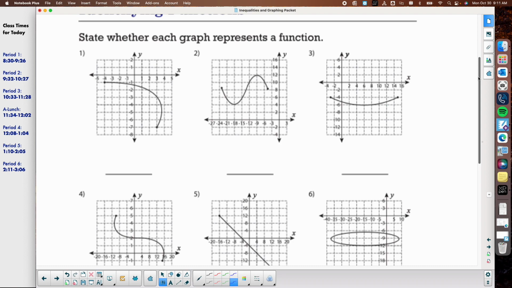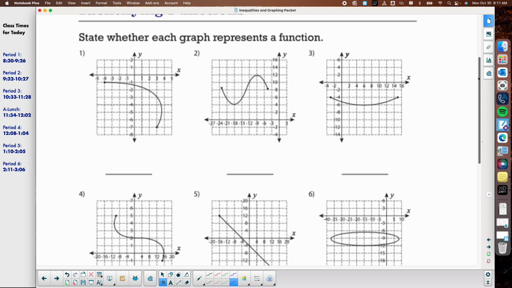Do you guys remember hearing something called the vertical line test? No. Okay. Vertical line test, most people use their finger or a pencil as a vertical line.